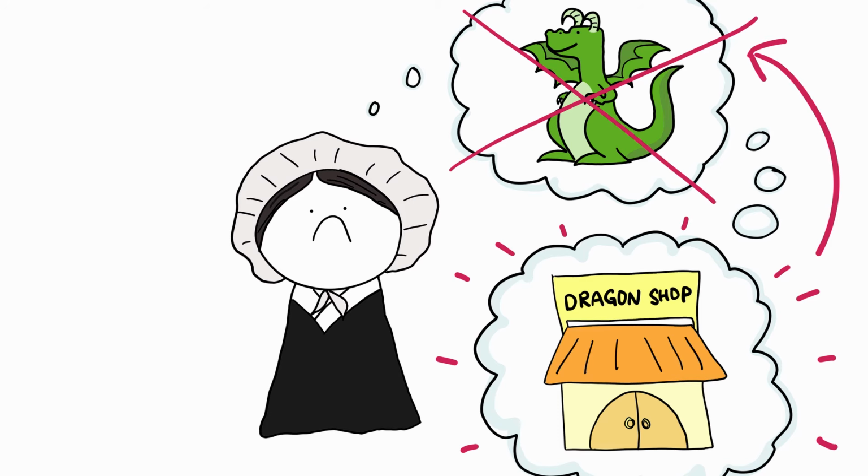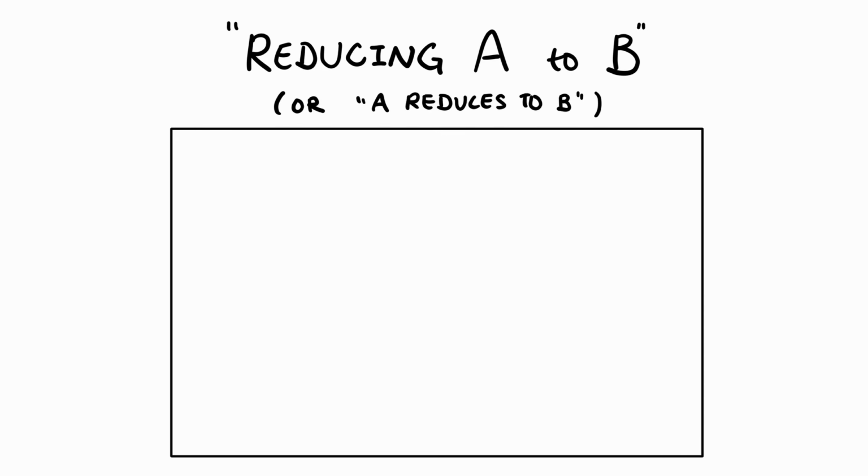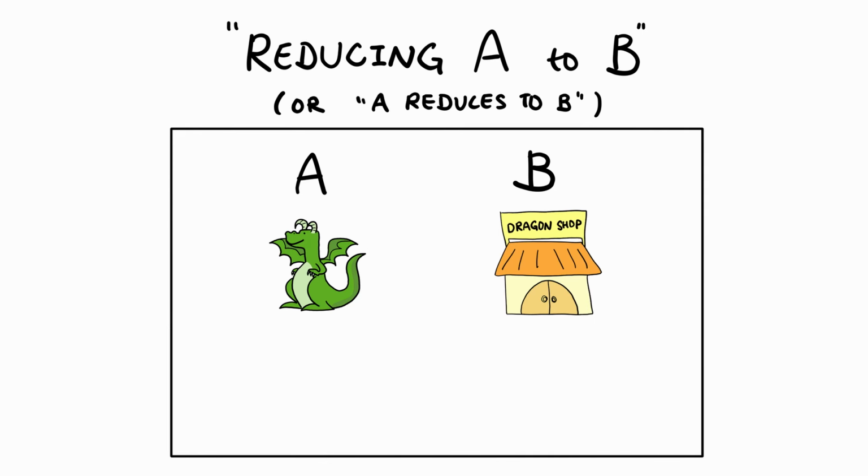Despite the confusing terminology, reducing a problem to another problem does not mean one of the problems is smaller or necessarily easier than another. A reduction of problem A to problem B simply means that we are looking at A in a different form.